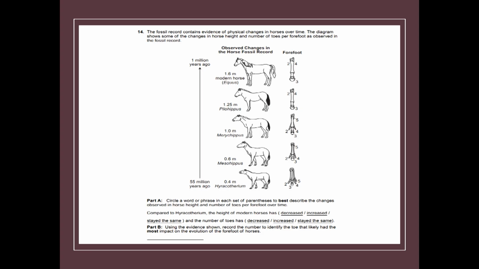This says, the fossil record contains evidence of physical changes in horses over time. The diagram shows some of the changes in horse height and number of toes per forefoot as observed in the fossil record. Part A is asking us to circle a word or phrase in each set of parentheses to best describe the changes observed in horse height and number of toes per forefoot over time.